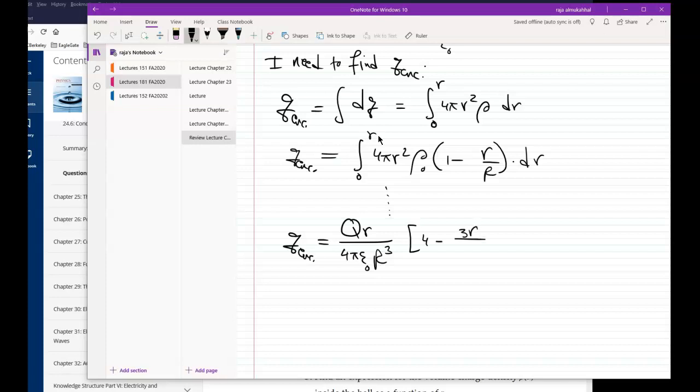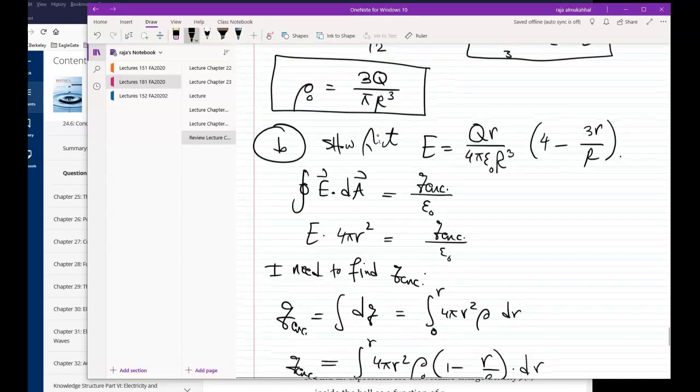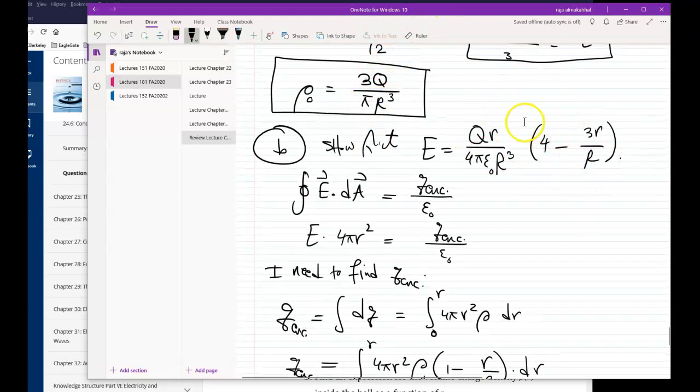I've done this problem in the past, so I'm copying it from my notes. And there we go, which is basically what he's asking for. He says show that, and we actually got it.